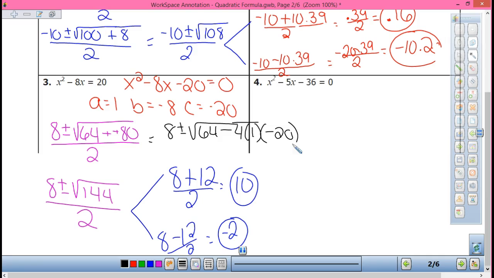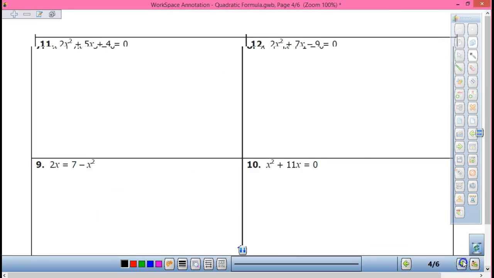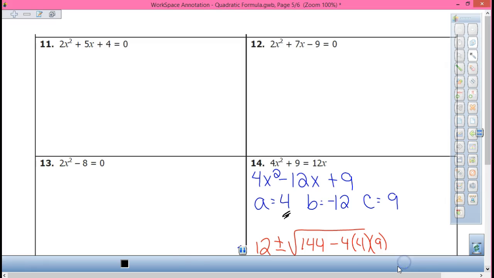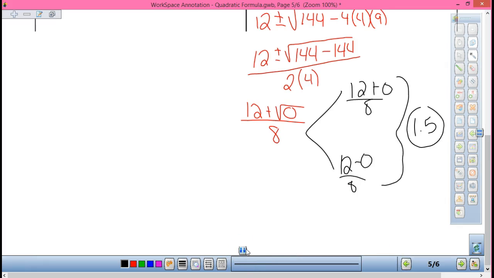Okay, so the minus and negative turns into a plus. Over here, my C was 9, minus 4 times 4 times 9, and I got a positive 144, right? So it's just minus a positive 144. Because it's not minus a negative. It's minus a positive. So your signs never switch.